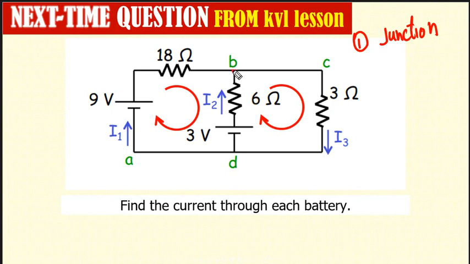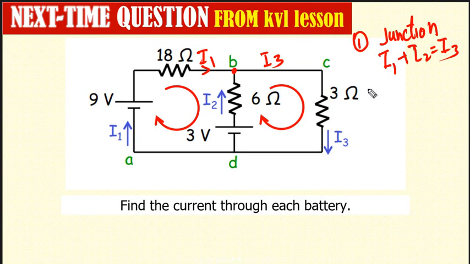If you choose this junction here, as you can see, the current entering, in this case I1 plus I2, has to be equal to I3 at this point. So this is I1, I2, and here is I3.